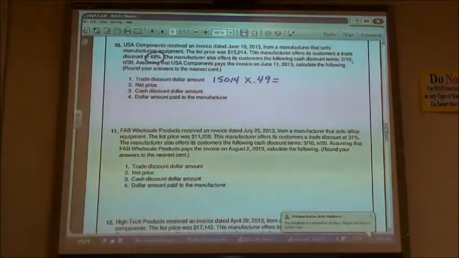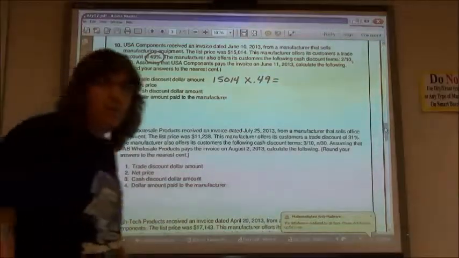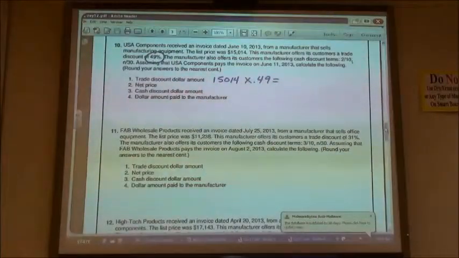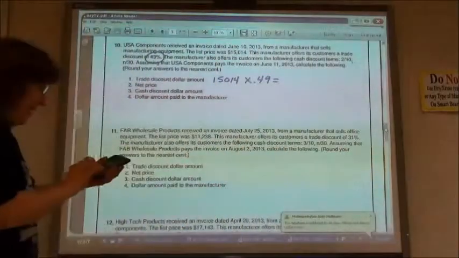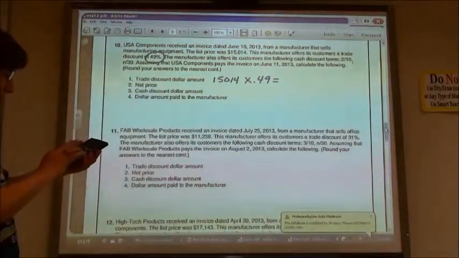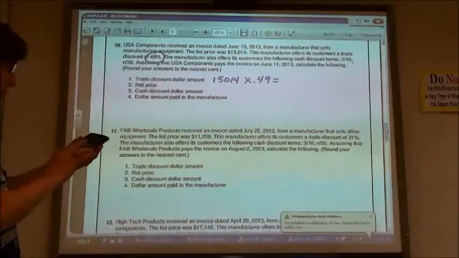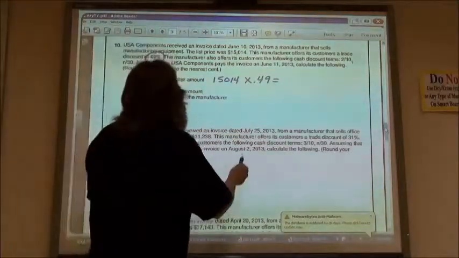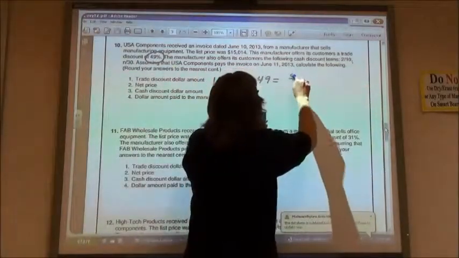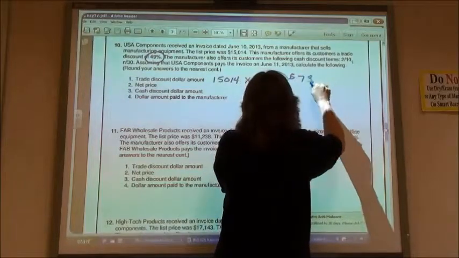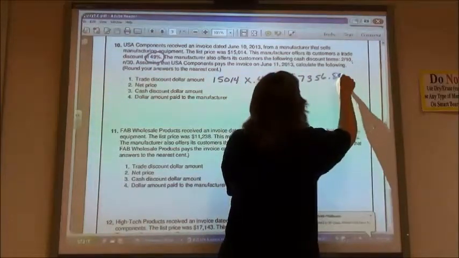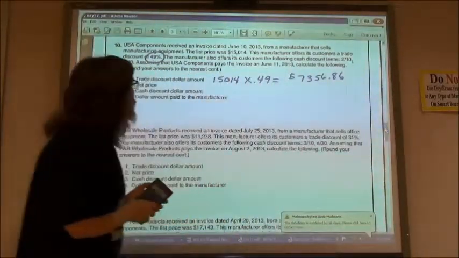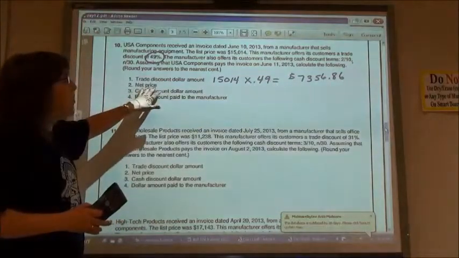So again, I hid my calculator. If I take $15,014 times 49%, I'm going to end up with a trade discount dollar amount of $7,356.86.